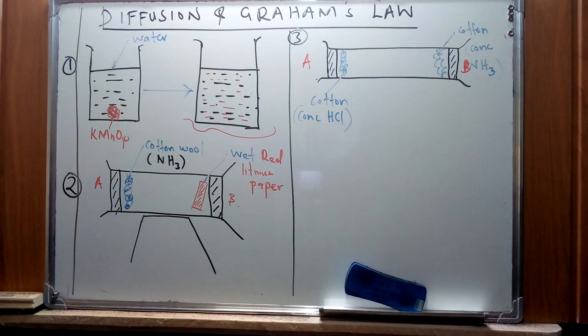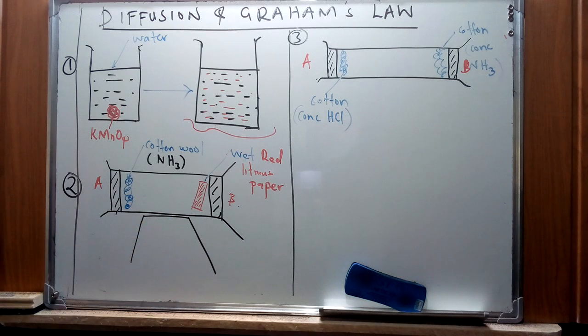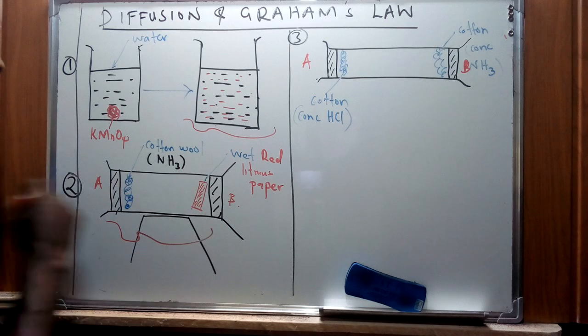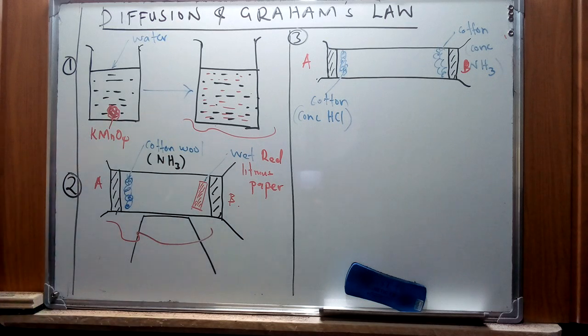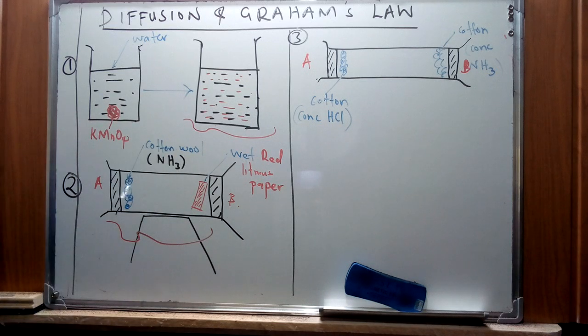After some time we will find that at one end the red litmus paper will change to blue, and that observation we are going to compare with the first one, in order to find out which characteristic behavior is being displayed here by these liquids and gases.